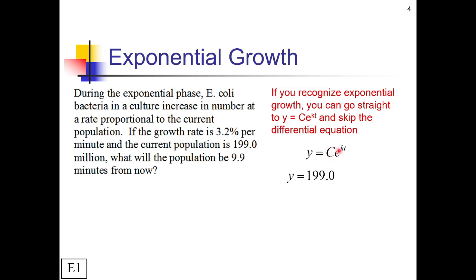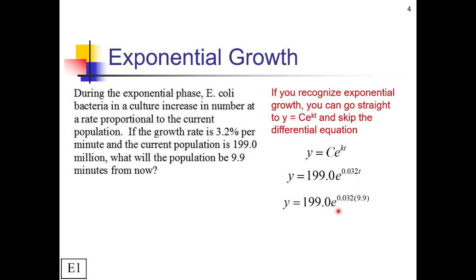So let's get my k value next. That's the growth rate. If they're giving me 3.2%, I just need to convert that into a decimal. So that's going to be 0.032. So we've got e to the 0.032t. And now to get the population 9.9 minutes from now, we just need to plug 9.9 into t and see what happens.